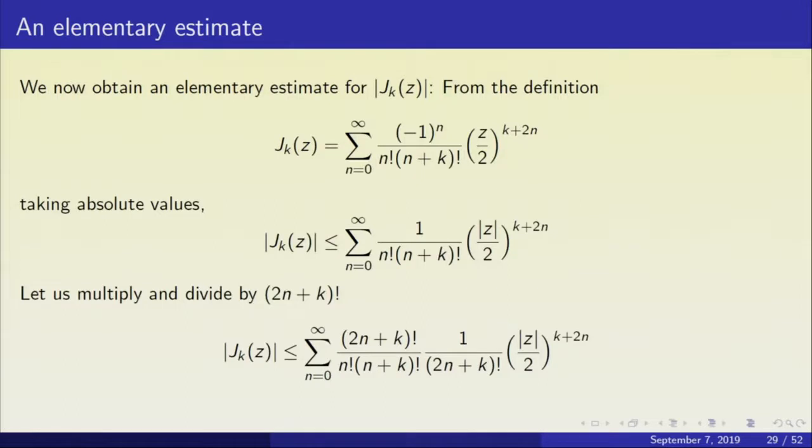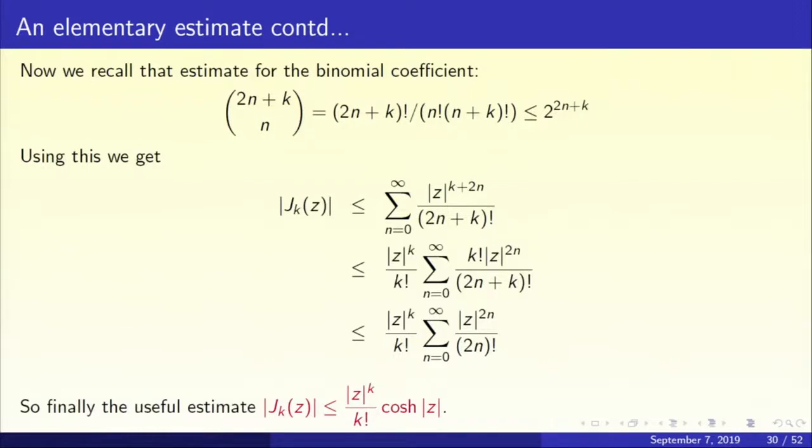If you look at the last displayed formula in the slide, you see that there's a binomial coefficient (2n plus k) choose n, and there's a 1 upon 2 to the power k plus 2n. These two things cancel out each other. And so we have the inequality mod J_k(z) is less than or equal to the summation n from 0 to infinity of mod z to the power k plus 2n divided by (2n plus k) factorial.